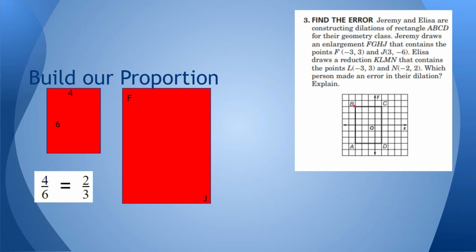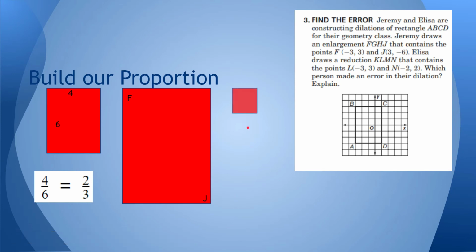So I know that that's going to be in this corner here. And when we followed J, J comes out to 3, -6. So I know that it moves in this direction and comes down. So I know that it's going to be the opposite corner that they've given us there.